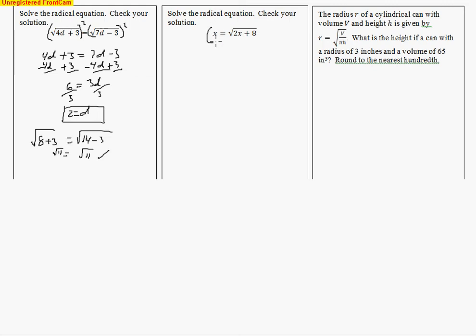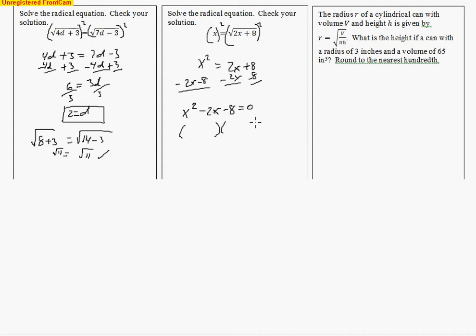On this one, though, we have to square both sides, and we're left with a quadratic this time. See, x squared equals 2x plus 8. So I need to move the 2x and the 8 over, so you're subtracting them from both sides. And so from this point, we can go ahead and rewrite it as x squared minus 2x minus 8 equals 0.